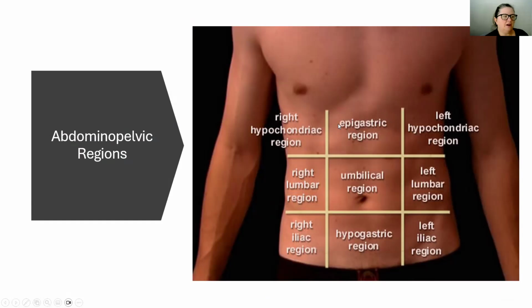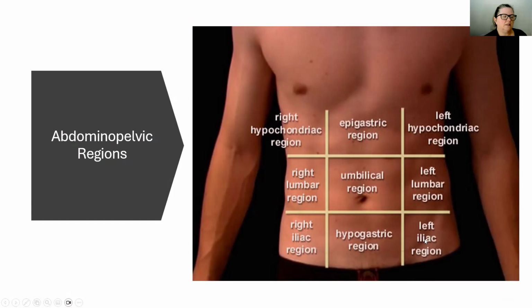Epigastric: epi means above, gastric means stomach. Part of this region is above the stomach, therefore epigastric. Umbilical refers to where the umbilical cord was when you were born, which is where your belly button is now, so that's why that is the umbilical region. Hypogastric means hypo, which means below, gastric, which is stomach, so that is hypogastric.